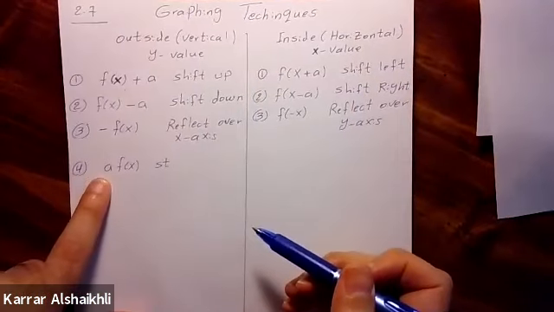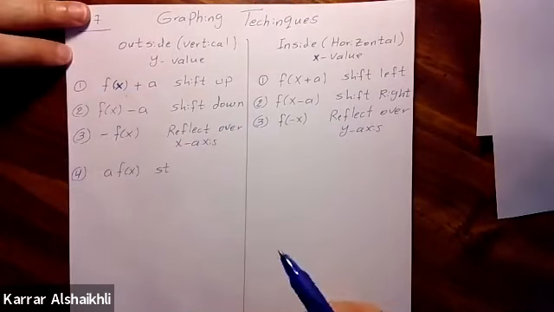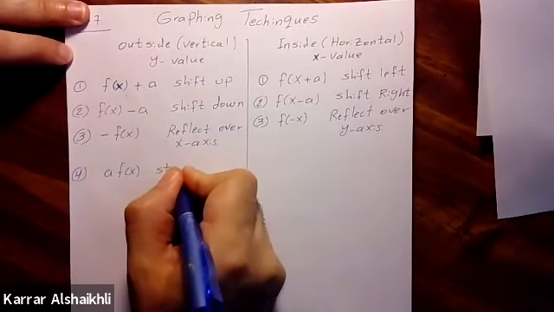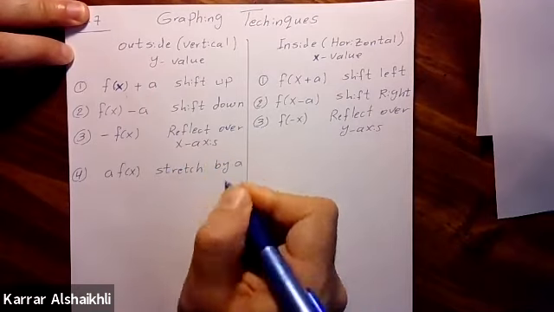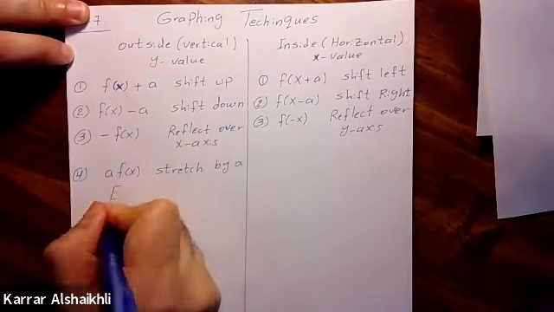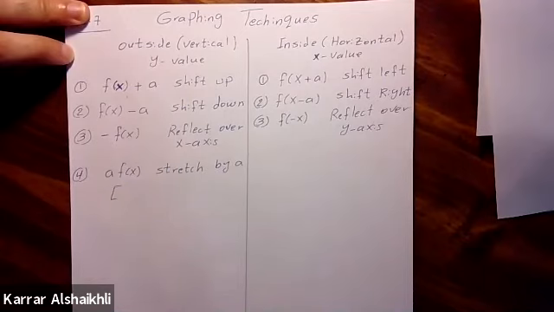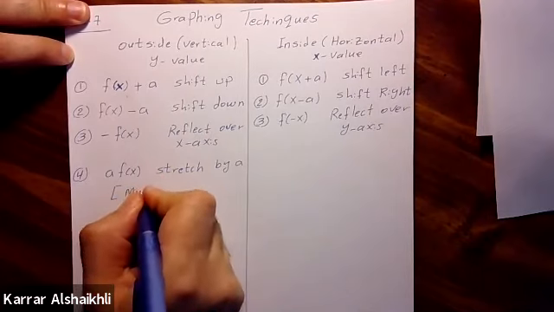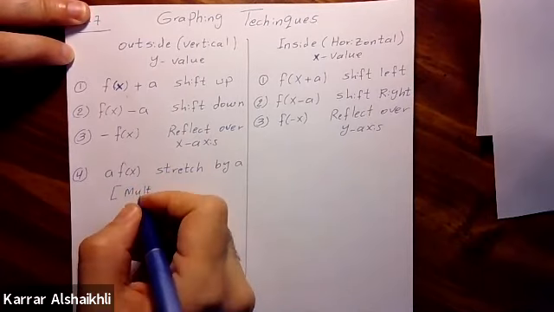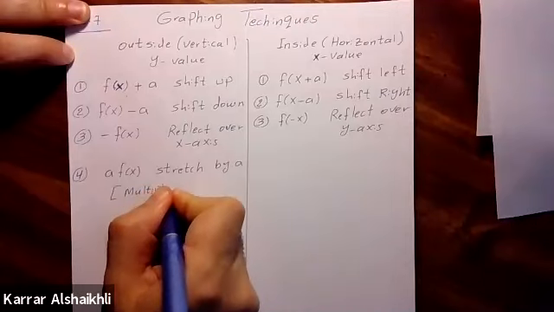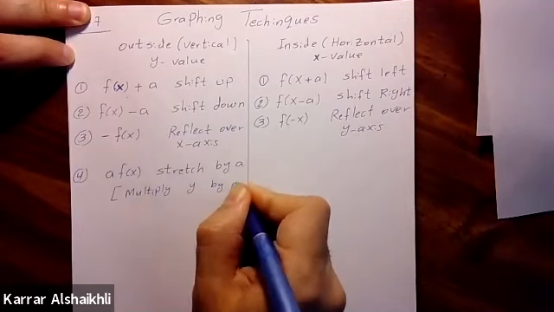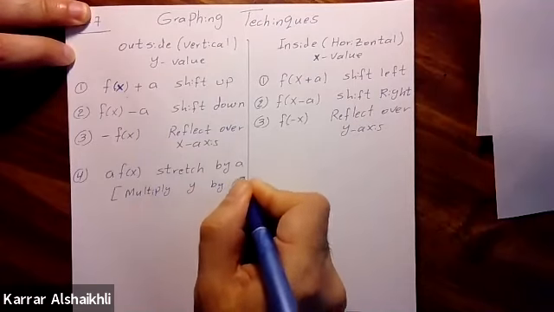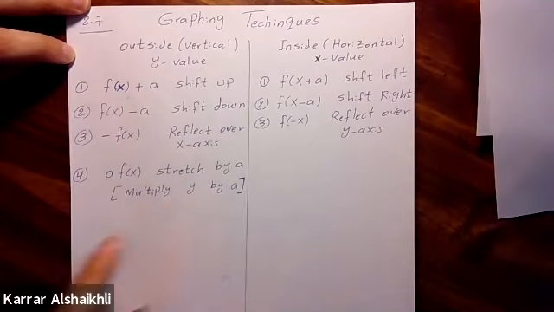By this number A. We will see that in an example. Stretched by A. How are we going to do that? I'm going to use the technique. You're going to multiply each y by A. This is really important. You're going to multiply y by A.